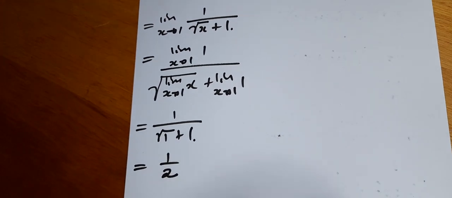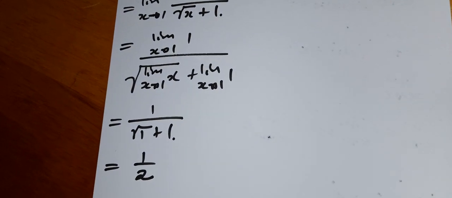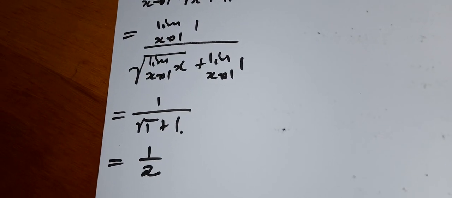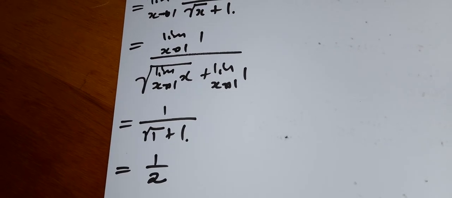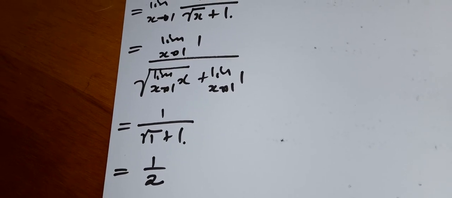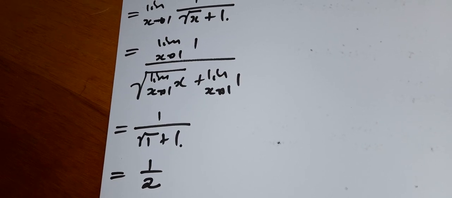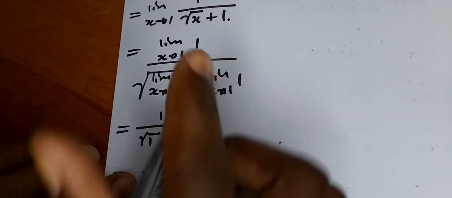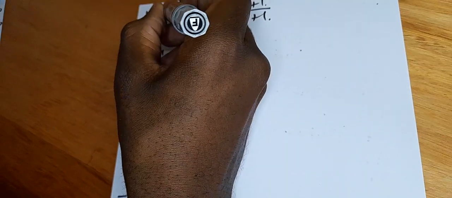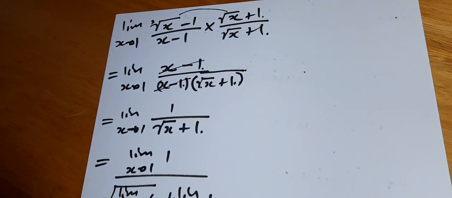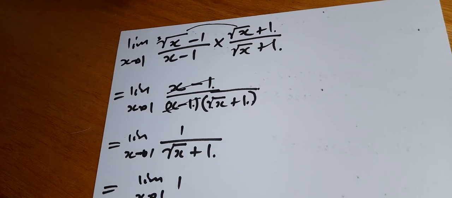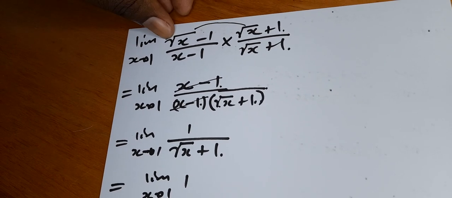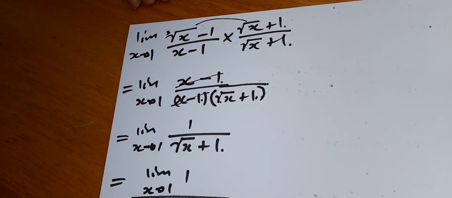But there is another method that you can use. Remember, this one is a rationalization method. So you can also use a factorization method. Imagine if maybe you have the cube root here. You cannot just rationalize. We only rationalize if we have the square root here. I think we are fine there.